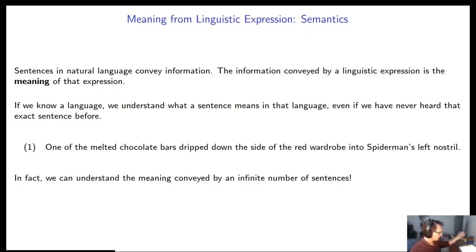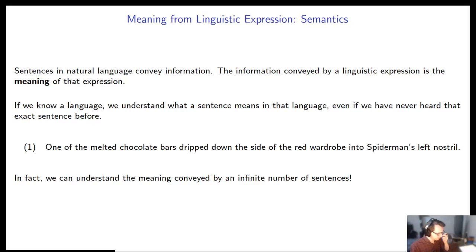So here's a sentence you've probably never seen before, and as I read it, you can imagine it in your head. One of the melted chocolate bars dripped down the side of the red wardrobe into Spider-Man's left nostril. Beautiful mental image. You've probably never heard it before, but you can understand it, and that's really amazing. The brain is a magical thing.